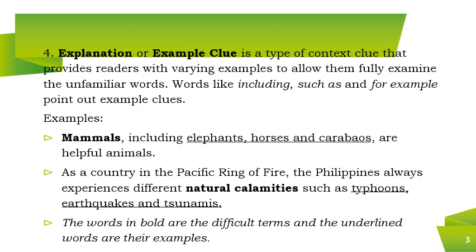We also have the clue words there, which is such as. So when we see such as or including, it indicates that the sentence is using an explanation or example clue as the type of context clue. Okay?